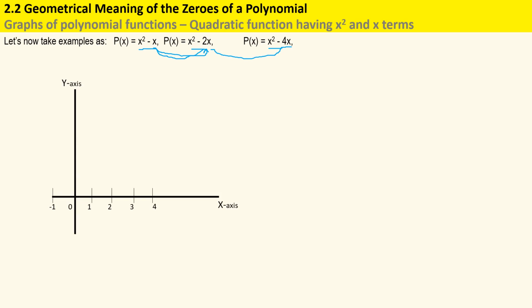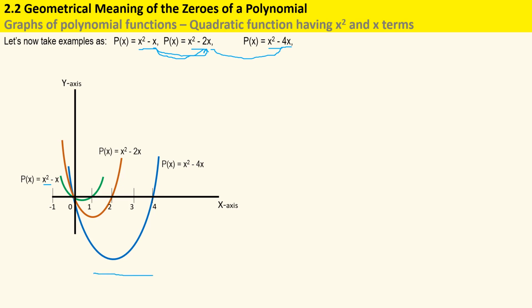And here is our axes, y-axis and x-axis. And the first, let's plot x square minus x, which is a small parabola here, and then let's plot x square minus 2x, and then we have our third plot, x square minus 4x. So here we see that as the absolute value of the negative coefficient is increasing, the graph is moving rightwards and it is also moving a bit downwards.